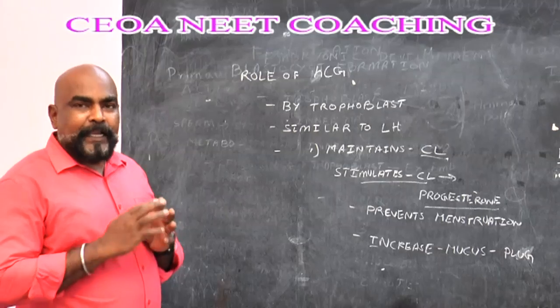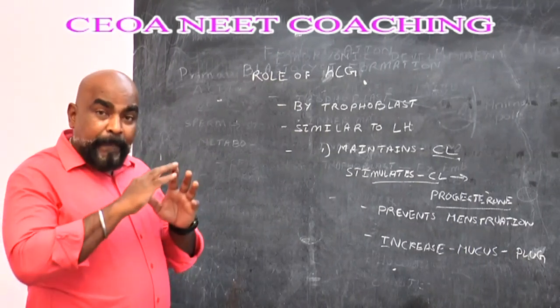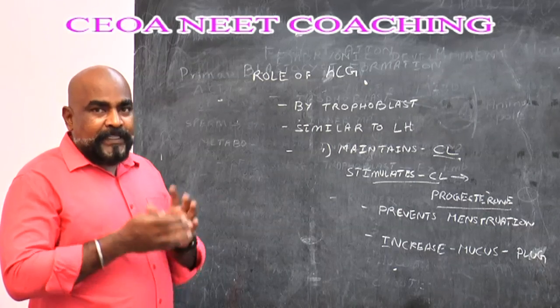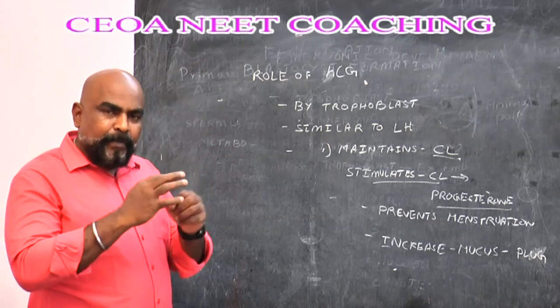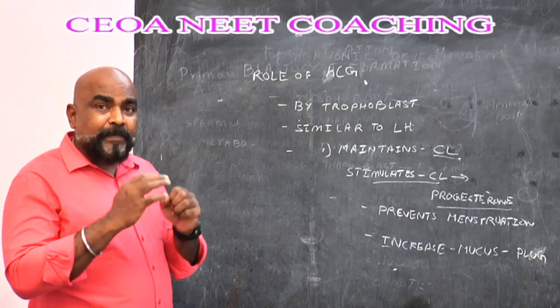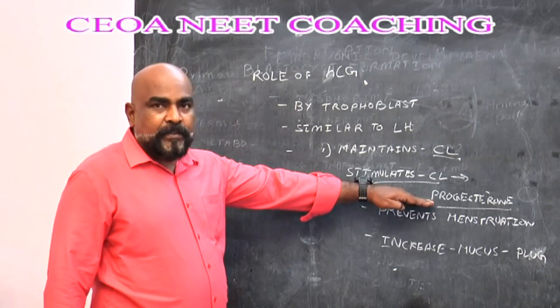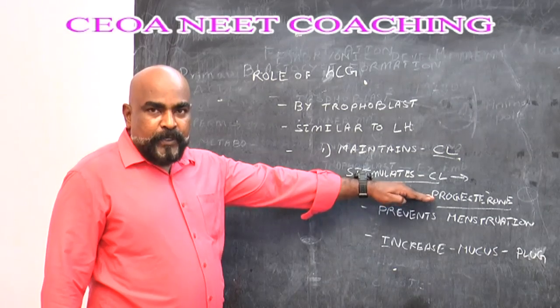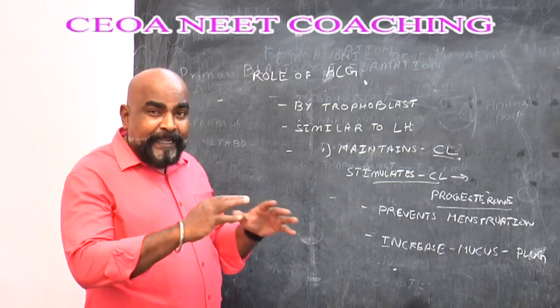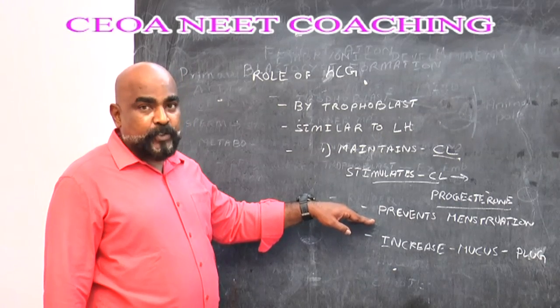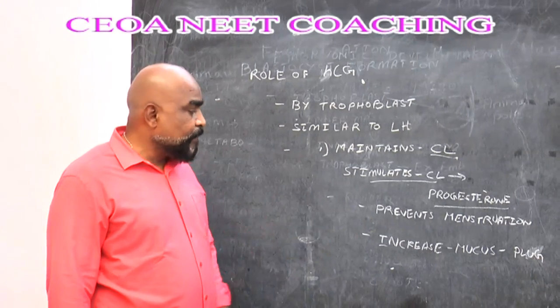You know that the endometrium is maintained by the progesterone. So, for the successful survival of the embryo, the endometrium needs to be maintained, and that is done by progesterone. Because progesterone is produced and the endometrium is maintained, it prevents menstruation. There won't be any menstruation during the pregnancy.